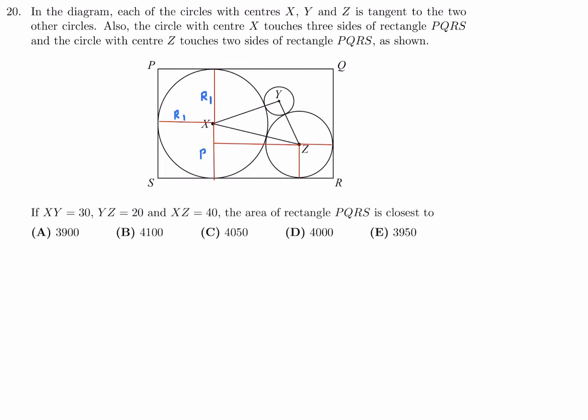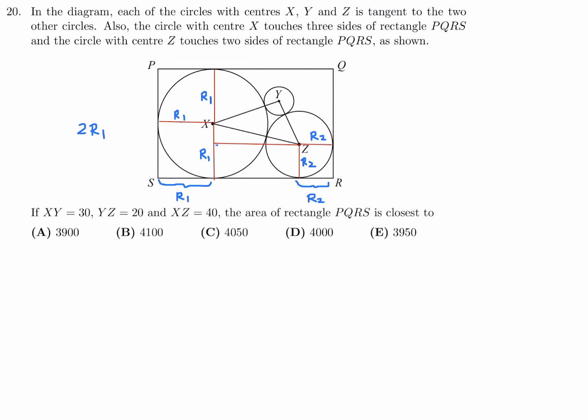So that is the radius of the large circle. So this would basically be 2R1. This from here to here looks like R1. From here to here is R2, the radius of the medium-sized circle. And then obviously I'm going to have to figure out that part.